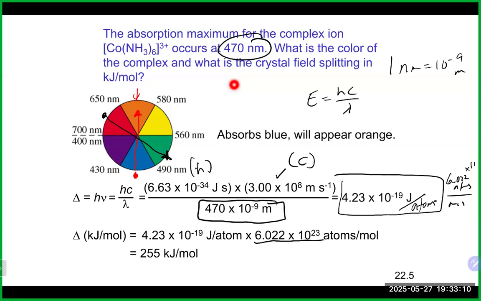And again, our atoms will cancel, and that will get us to joules per mole, and then obviously converting it into kilojoules per mole, 1,000 joules is a kilojoule, gets us to 255 kilojoules per mole. So basically, it's this equation, then multiplying by Avogadro's number, converting it to per mole, gives us our number here. Any questions on that calculation? Okay.